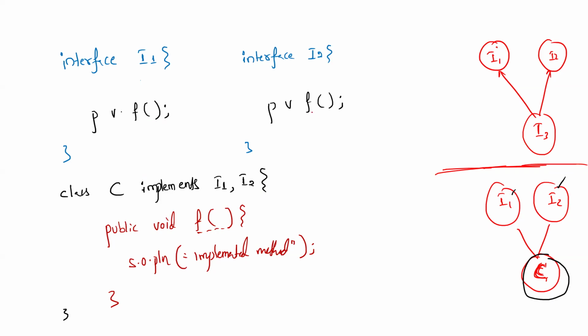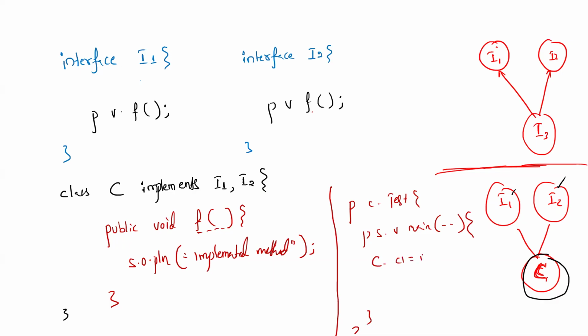There is no logic for the f in I2 also. Then if at all any logic is there, is it coming from the interface or from class C? It's coming from class C. So therefore, for execution, public class, some test class. Inside this test class, public static void main method. And inside this, to use class C, an object we have to create. C, some c1 equals new C(), the default constructor.